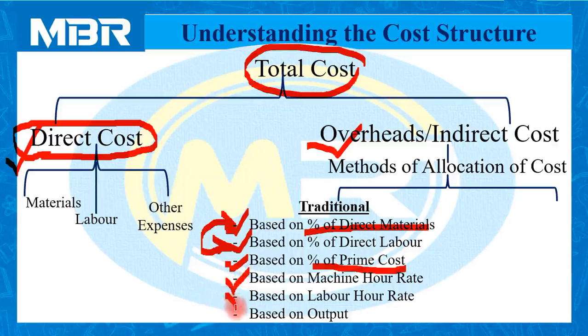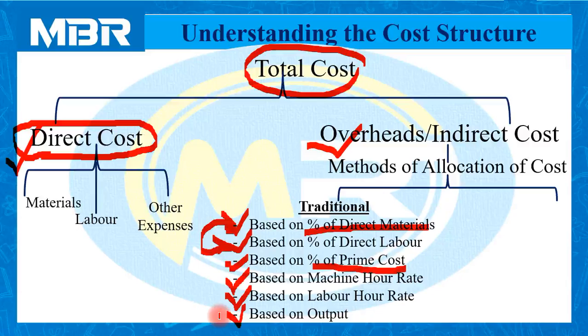If it is labor intensive, then labor hour rate. And the simplest option is to distribute overheads based on units of output produced. But I would like to put to your notice that traditional methods are full of limitations. In a traditional method, we are not considering any kind of scientific base for the purpose of distribution or allocation.